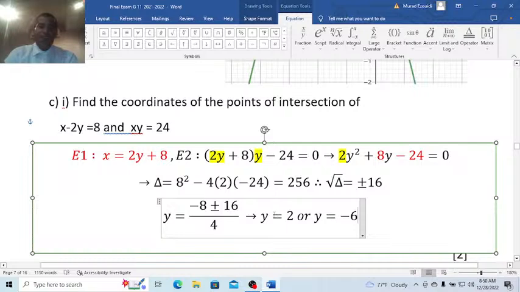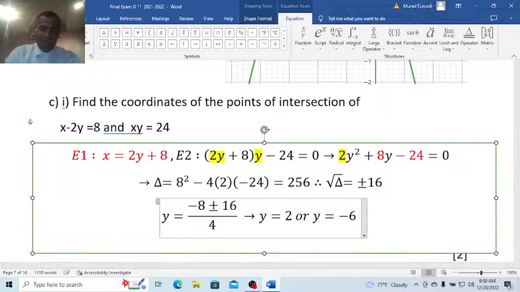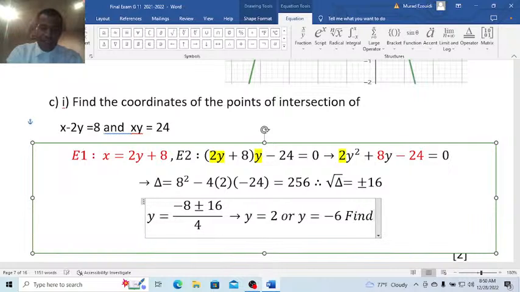To find x now, learners, I will just write find x.